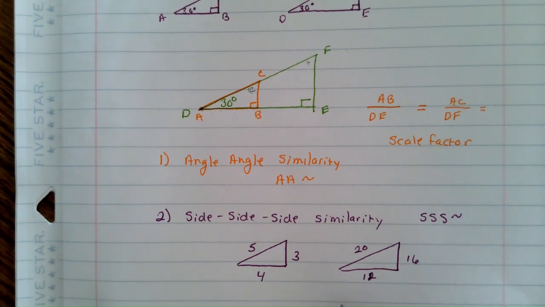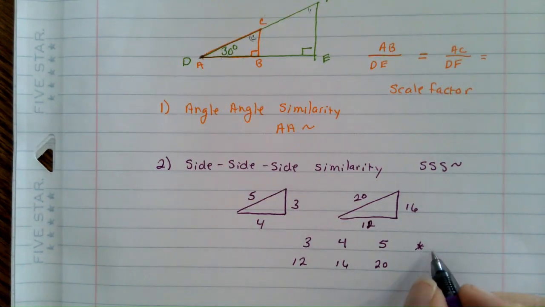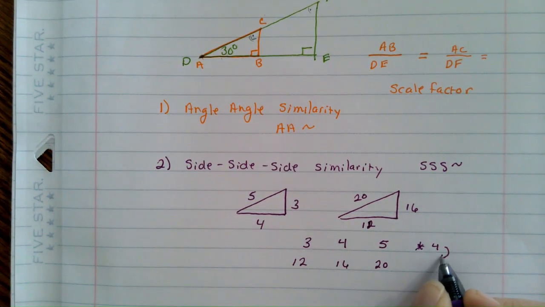But the shortest side is 3, the middle side is 4, and the longest side is 5. Here, the shortest side is 12, the middle length is 16, and the longest length is 20. Do you see how you could take this top row and multiply it by 4 and you would get the bottom row? Okay, that's a scale factor.